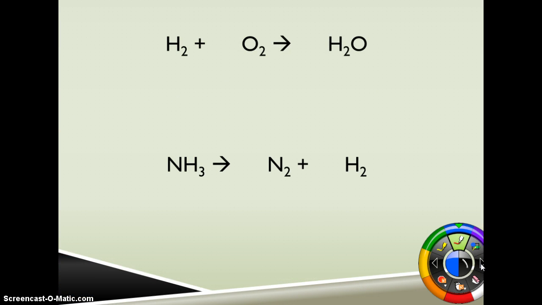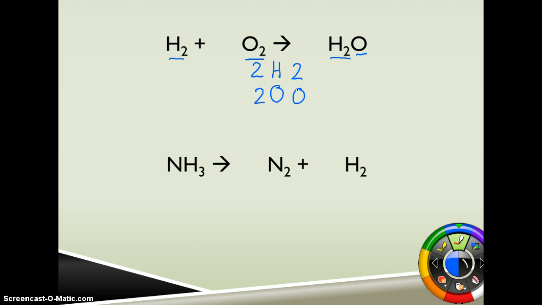Okay, so let's look at a couple of examples. First one is hydrogen gas and oxygen gas making water. So we're going to list the elements that we have: hydrogen and oxygen. On our reactant side, we have 2 hydrogen, 2 oxygen. On our product side, we have 2 hydrogen and 1 oxygen. Remember, we're counting individual elements now, not the compound.